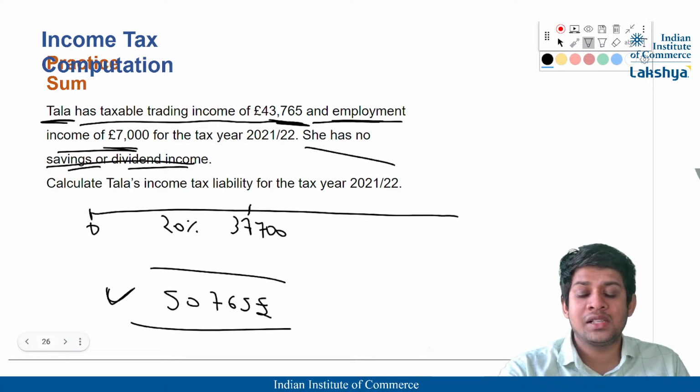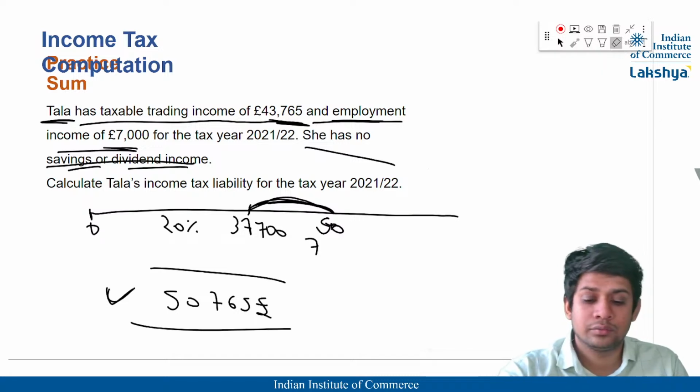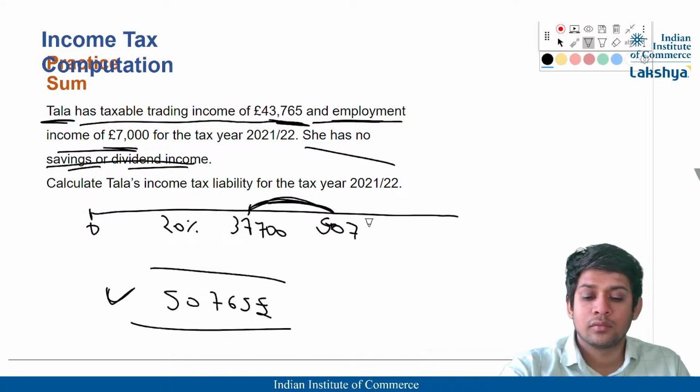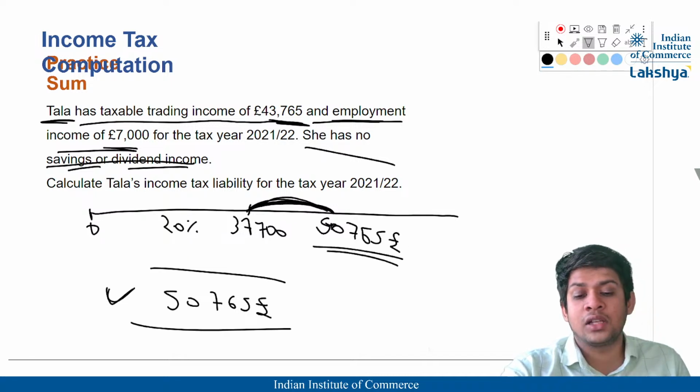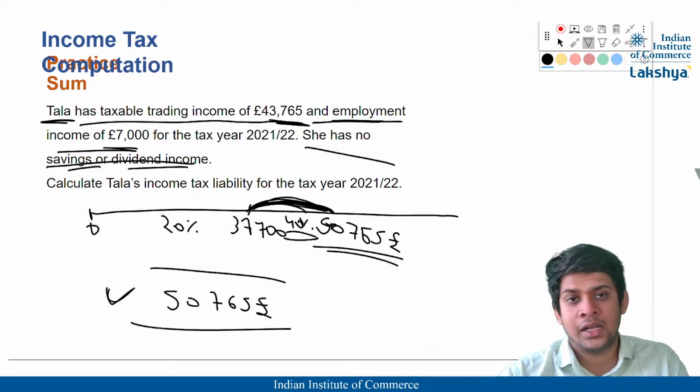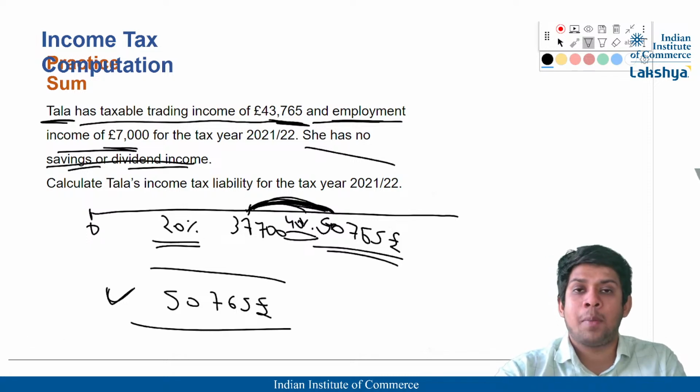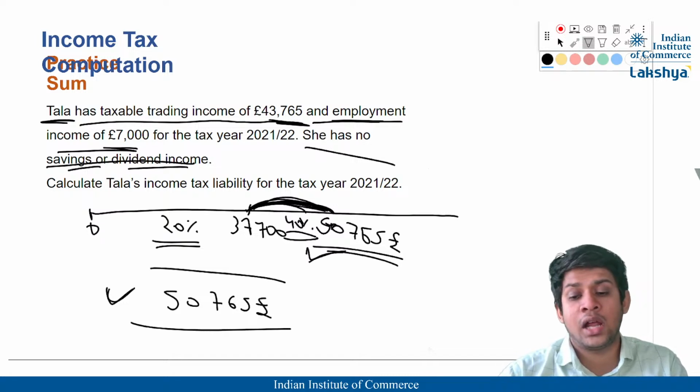But here, her income is exceeding 37,700, so her income would fall somewhere here, at 50,765 pounds. Only the amount above 37,700 will be charged 40%. It's not like I'll directly take a slab of 40%. Till 37,700 it will be 20%, and above 37,700 it will be 40%. And always remember, this is the annual income that we take into consideration.